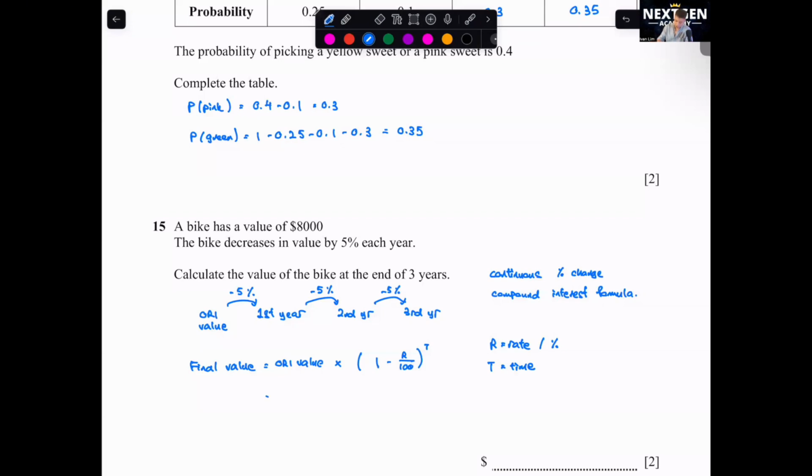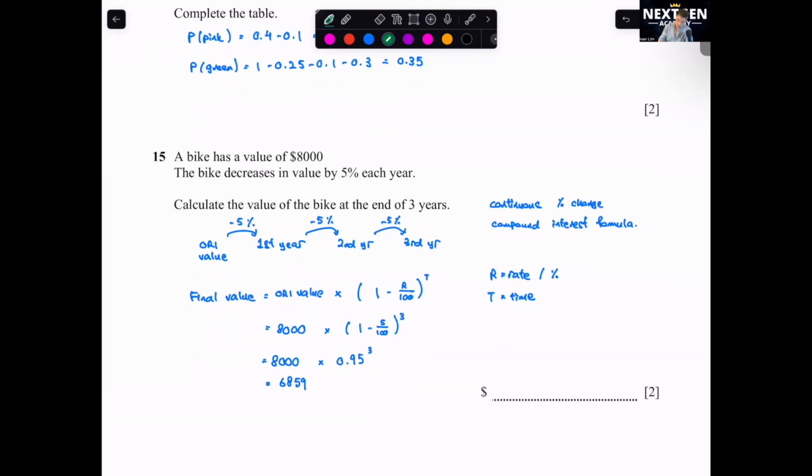So what is the original value? It is 8,000 times 1 minus 5 over 100, to the power of 3. Okay, this will be 8,000 times 0.95 to the power of 3. Type this in the calculator: 8,000 times 0.95 to the power of 3, we will get 6859.